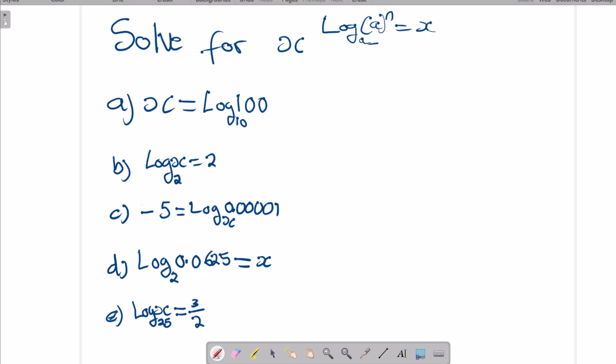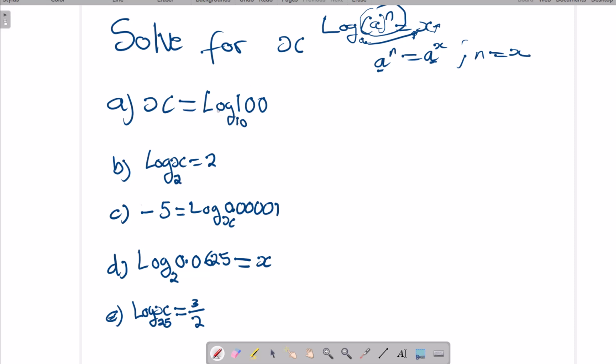And we agreed that we pull this base a over the equal sign, and it will give us a power n for this logarithm is equal to a power x, because this a pulls this up. So we'll have the same bases, and when the bases are the same, it means n is equal to x.